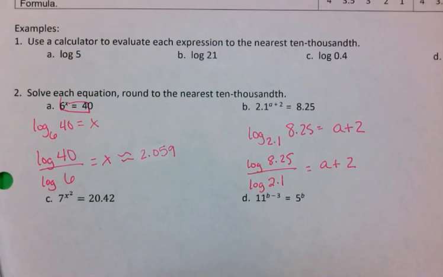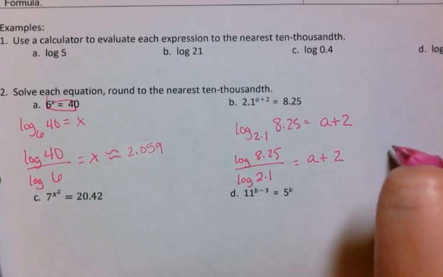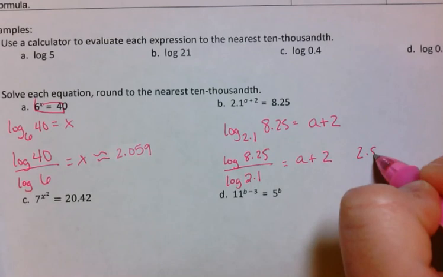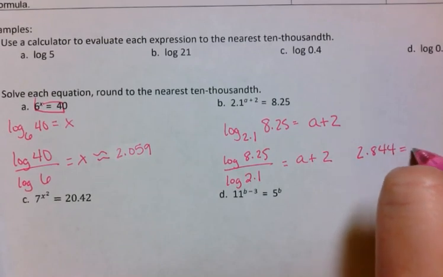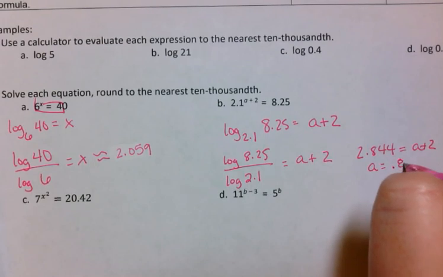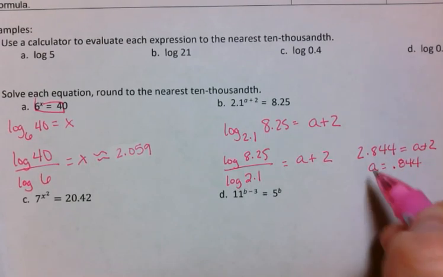So type log 8.25, oops, helps if I actually type it right, log 8.25 parentheses divided by log of 2.1, enter. That approximately, to the nearest ten-thousandth, is 2.844, equal to A plus 2, so A equals 0.844 because I'm going to subtract 2 on both sides.